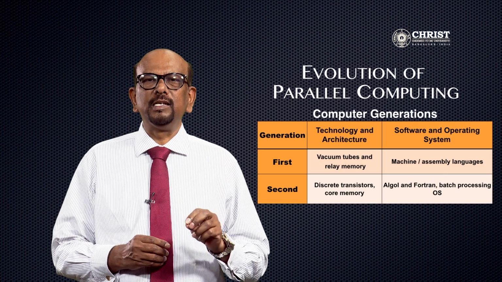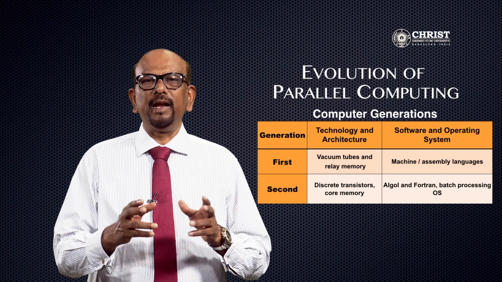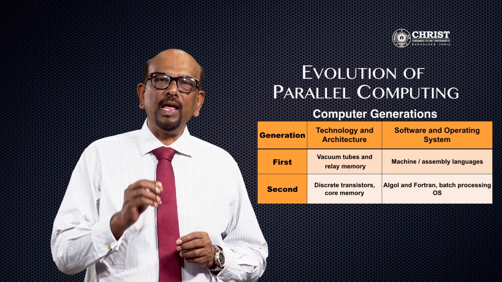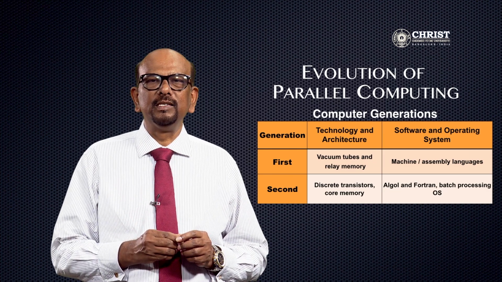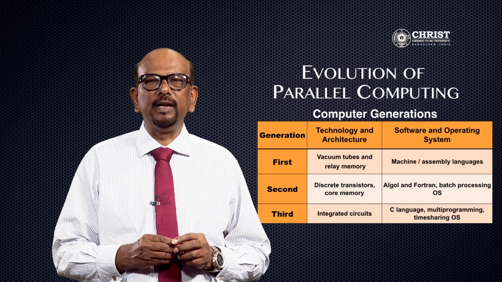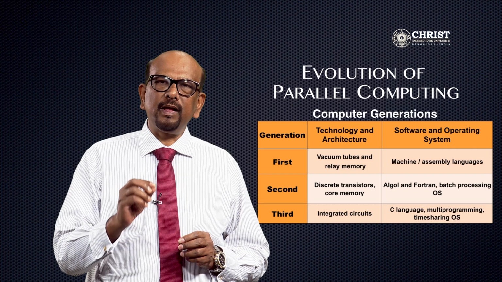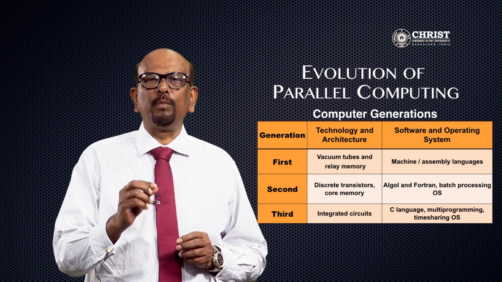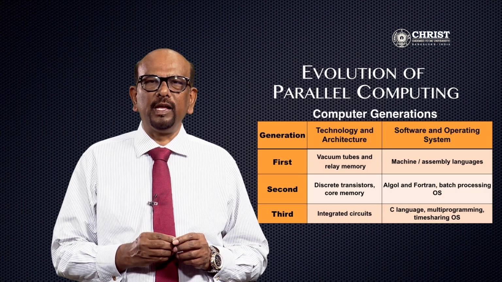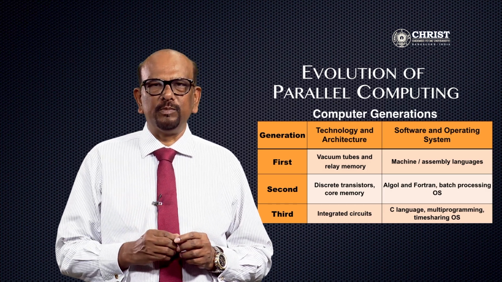When transistors were invented, the second generation computers were built using high-level languages such as Fortran and Algol. In the electronics industry, the integrated circuit chips became popular. Then efficient machines were built using integrated circuit chips.